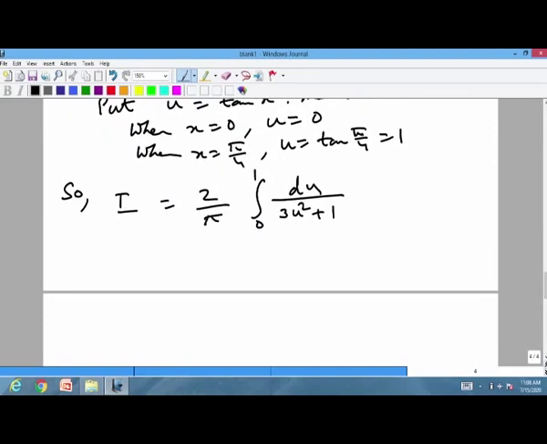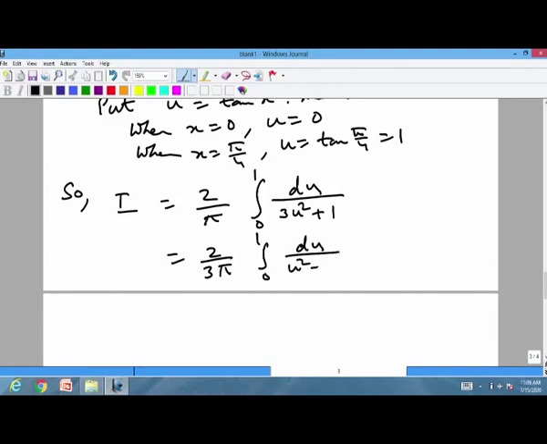Now, this is a standard integral. So, this can be written, if I take 3 common from the denominator, I get 2 over 3 pi integral 0 to 1 du over u square plus 1 by 3, which I will write as 1 by root 3 square.